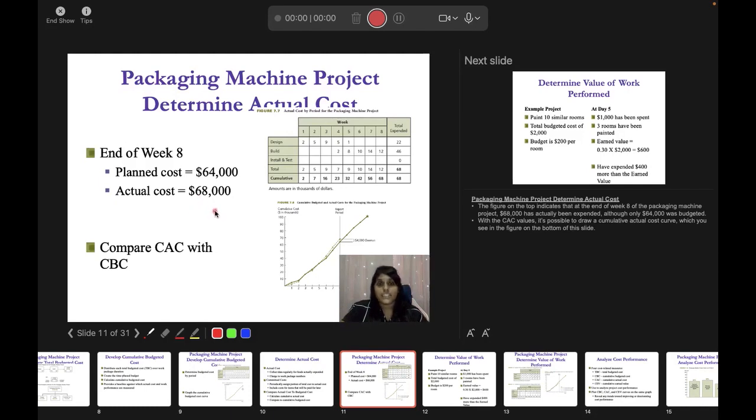But in certain projects, they would be incurring millions, or hundreds of thousands, with differences of a few hundred thousand and all that. So when you are doing a project, ensure that you are doing your graph, ensure that you are doing your comparison quite often. Do not wait until the last time.